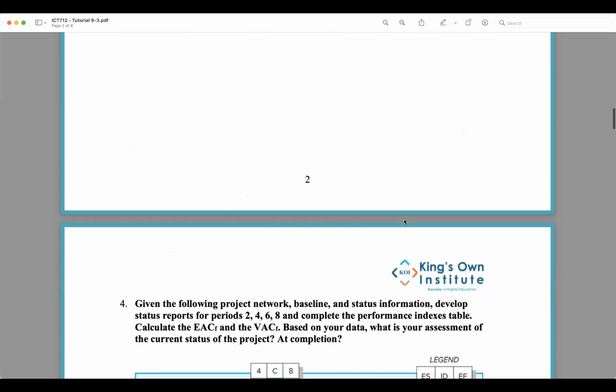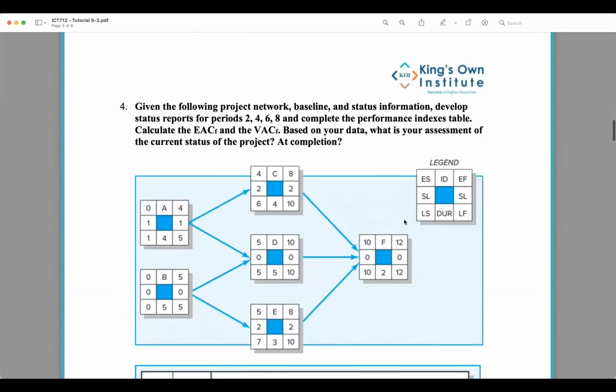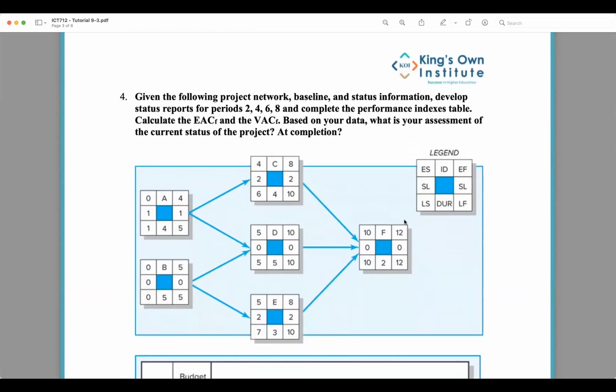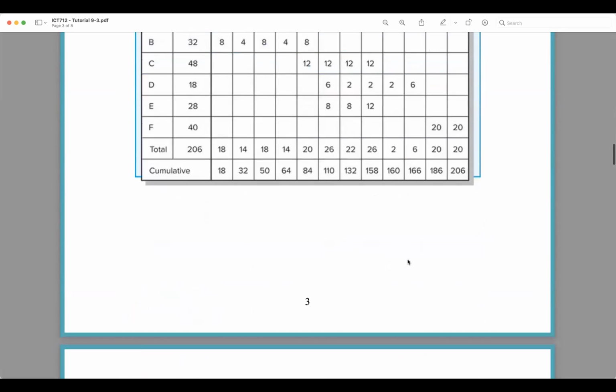Great. Then what I want you to do is work on this exercise now. I'm going to give you 15 minutes maximum, but I think you should be able to complete it quicker now.